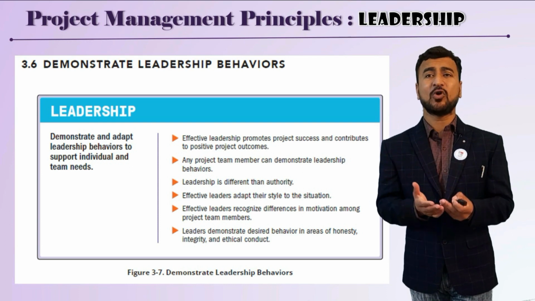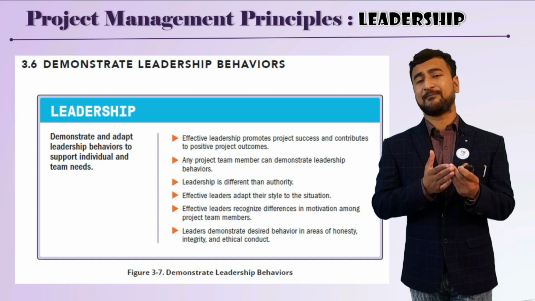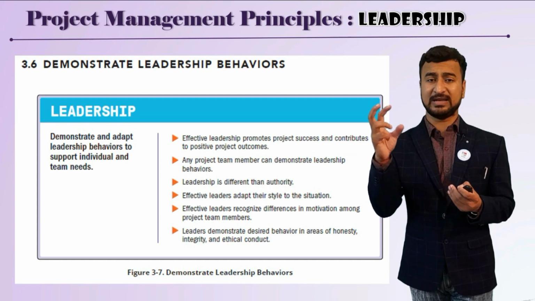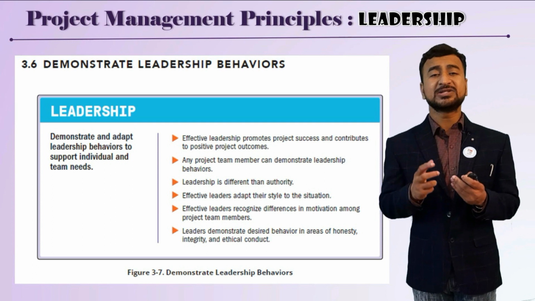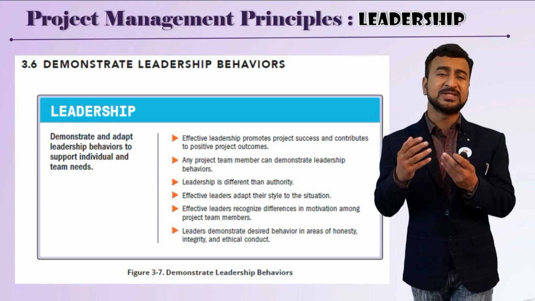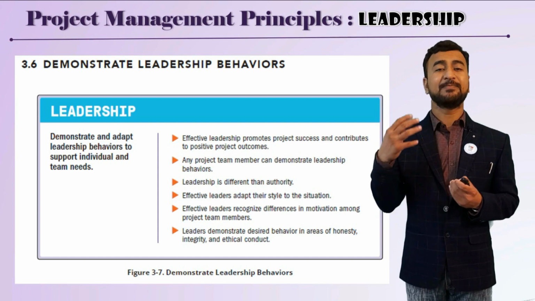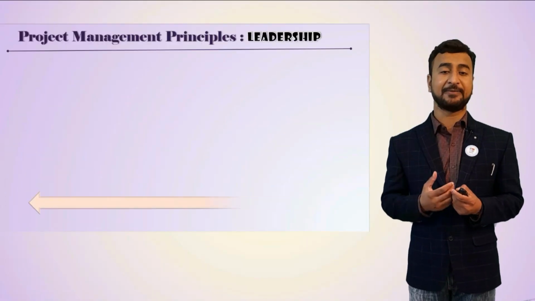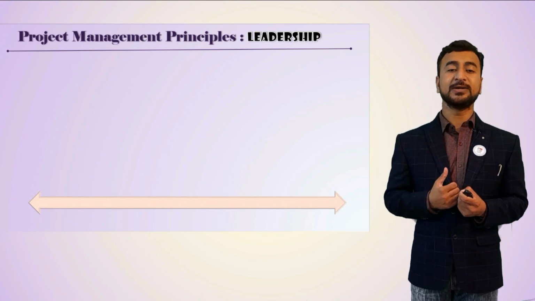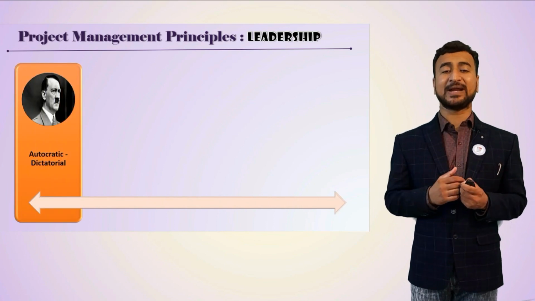And leadership is not something you can apply in each and every phase of the project life cycle. Leadership also varies with the situation and many parameters. Let me deep dive into the different leadership styles and how you can apply them. As you've seen here, that is the leadership spectrum.